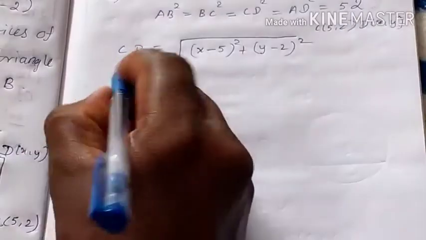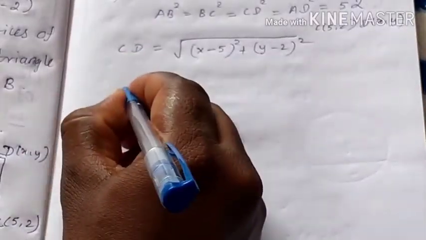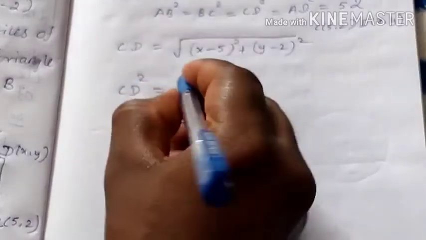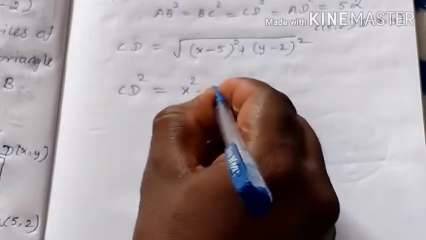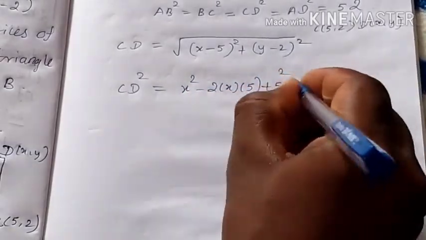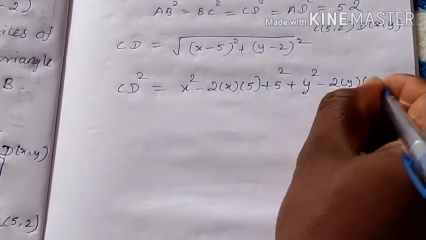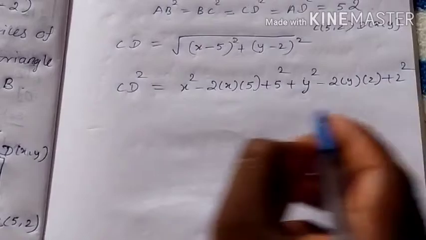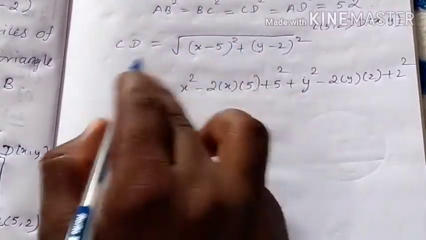Then squaring on both sides, we get CD square equal to x minus a whole square, a square minus 2ab plus b square. Then in the same manner, a square minus 2ab plus b square.